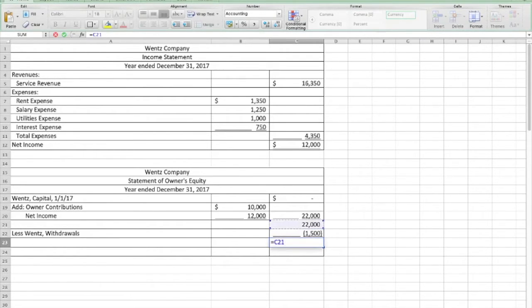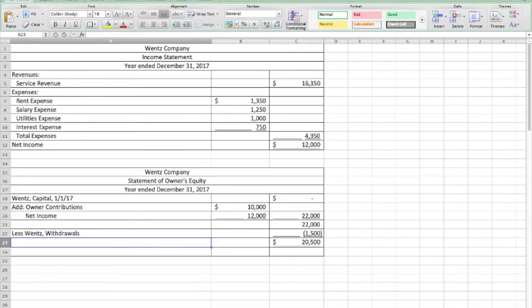I'm just going to do the math there. So 22,000 less that 1,500 gives me a final capital balance of 20,500. I call this Whence capital as of 12/31/17. And that's all that there is to the statement of owner's equity.